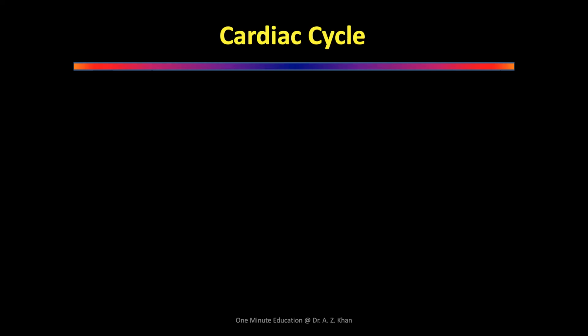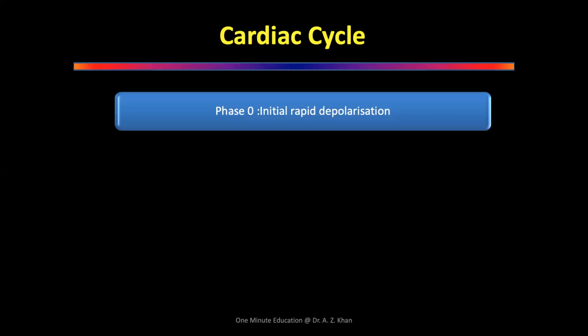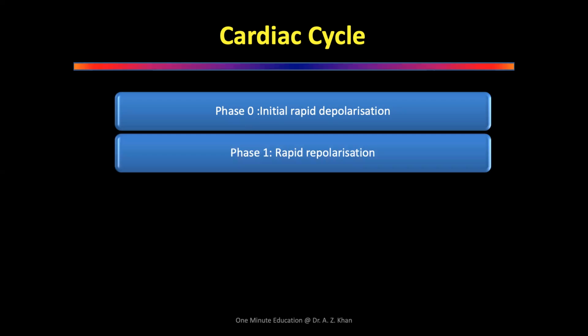Tell me the phases of cardiac cycle. So 2 is depolarization, 4 is plateau, and 5 is repolarization. So let's start with 0. What is phase 0? Depolarization. Initial rapid depolarization. Phase 1. Phase 1 is a refractory period, absolute refractory.